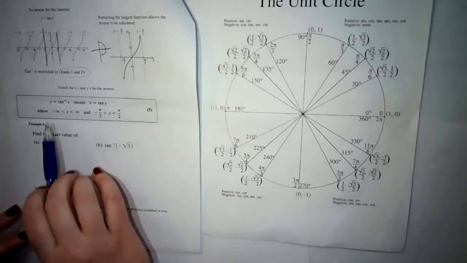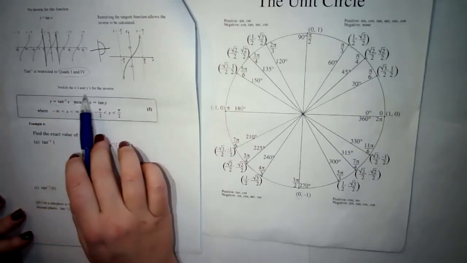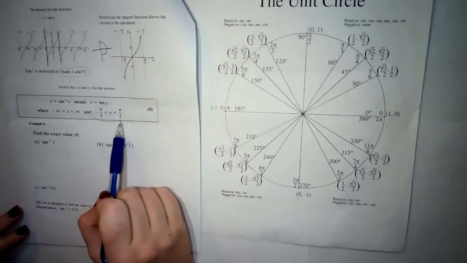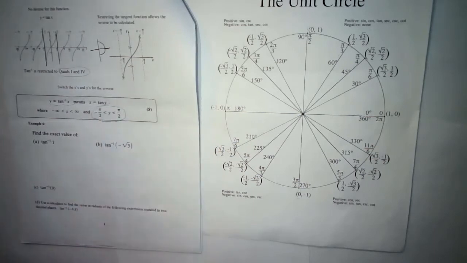All right, so we have the explicit, we have the implicit where we just switch it around. We have our quadrants that we're looking at, 1 and 4, but now look at our domain. This is new. With sine and cosine, we're restricted, right? -1 to 1. But disco dude, is he restricted? No, he's from negative infinity to positive infinity.